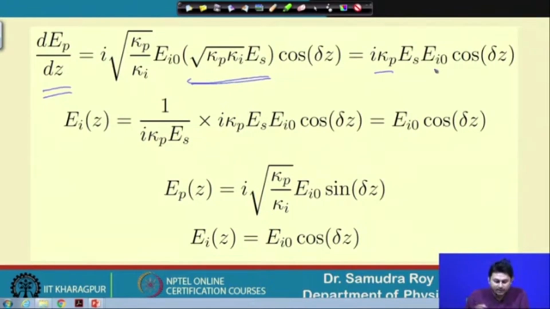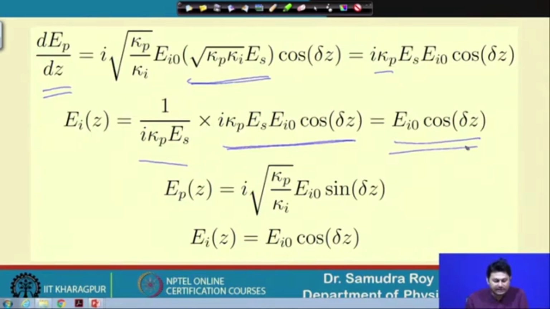So, from here we can find EI, because EI is this quantity multiplied by whatever we have, which I now replace with iκP ES. Finally, we come to this solution, which is EI0 cos(δz).